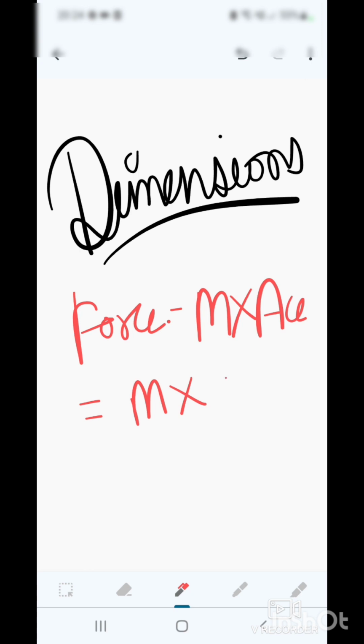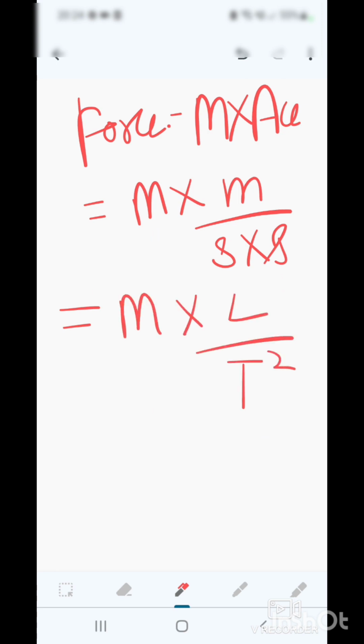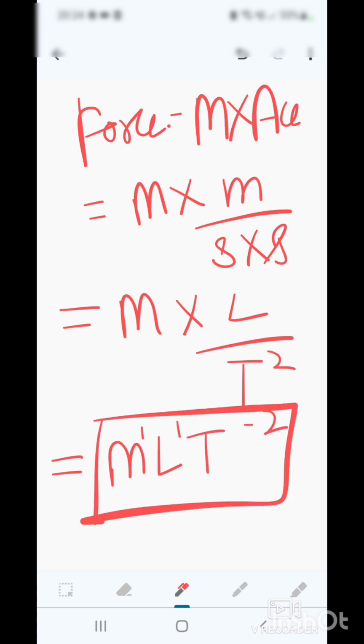So it will be meter upon second, which is velocity, into second, which is time. Then meter would be length and time squared. After that, mass 1, L1 and T minus 2 as it is in the denominator. This would be the formula of force and the answer.